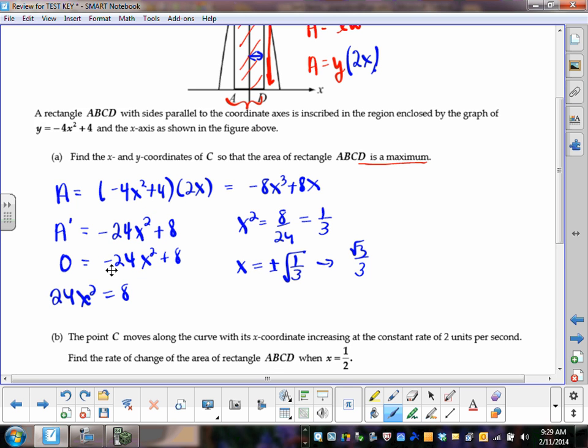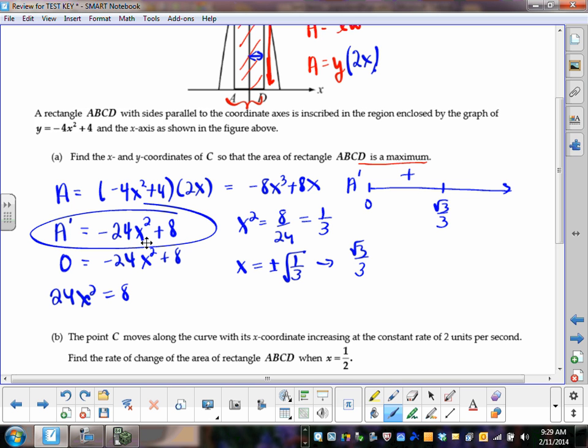Okay, now to prove that this is a maximum, well, x has to be larger than 0. And we're going to put the root 3 over 3 in. So if we substitute into our derivative formula to figure out whether we have an increasing or decreasing, a positive derivative or a negative derivative, if we substitute something smaller in, we're going to get a positive.